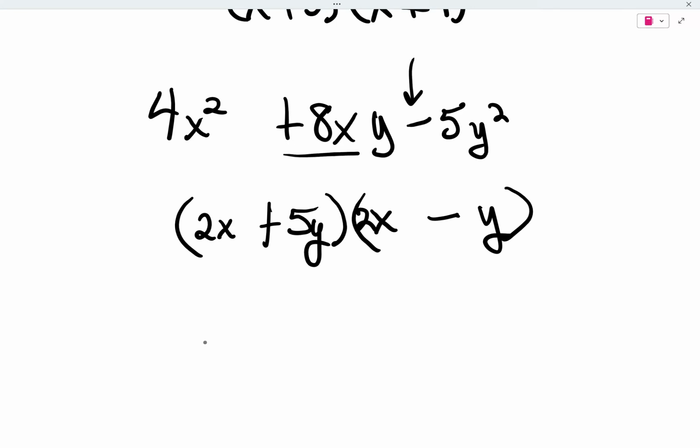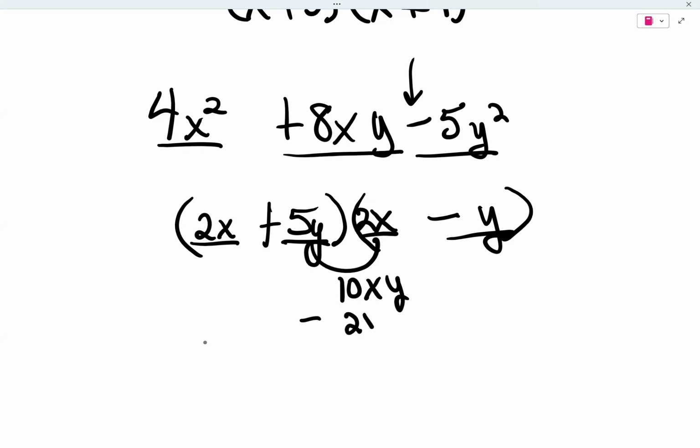Now, here's the idea. The reason why this works is because 2x times 2x gives us a 4x squared. 5y times -y will give us -5y squared. And then this inner product, which is 10xy, and the outer product, which is -2xy, lands us at +8xy.